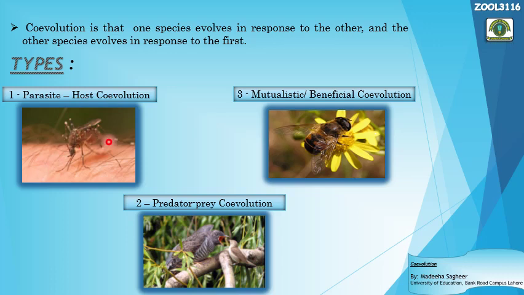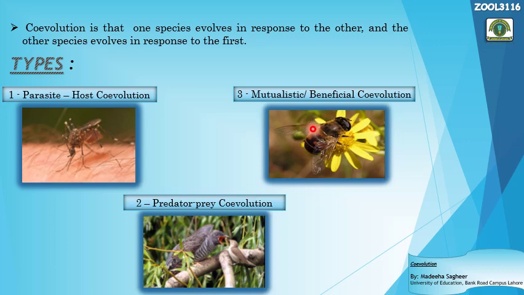This kind of evolution that takes place between these two species in response to each other's adaptations is known as parasite-host coevolution. The second kind is predator-prey coevolution. Here the organisms have the relationship of predator and prey. So the coevolution that takes place because of the changes in both, as a response towards each other's change, is known as predator-prey coevolution.